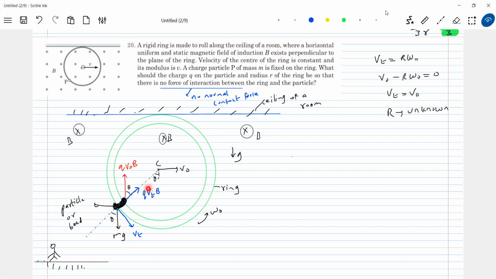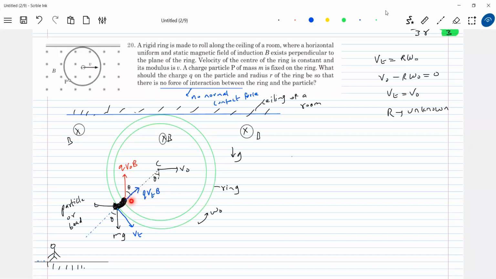And along the radial direction, the resultant of these two forces should be equal to m omega square r.